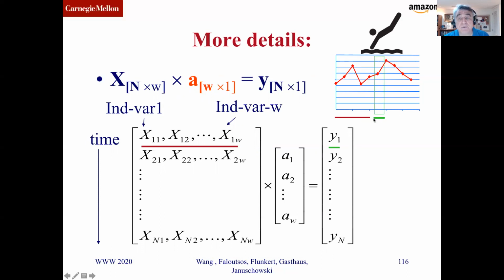It's the temperature of the next day, the 6th day. And this is our first equation. We slide the window by 1, the next 5 days and the day after that form the next equation, and so on. So we'll have as many equations as time ticks minus 5, and as many unknowns as the window we want, 5 in this example.